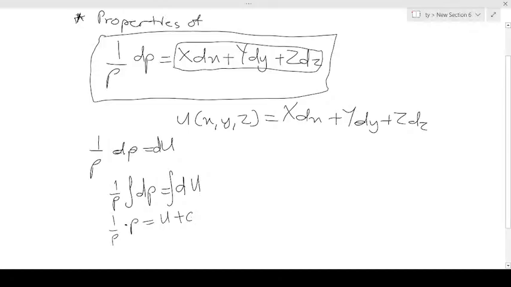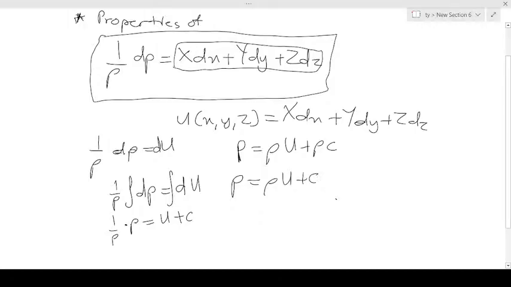And so multiplying through, we are going to have p is equal to rho of u plus rho of c. But then c is a constant. We don't know that constant. So whether we multiply through by rho or we don't, it is still a constant. We don't know the value of that constant. So that can still be written as rho of u plus c.